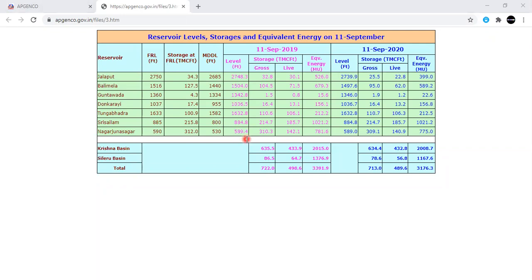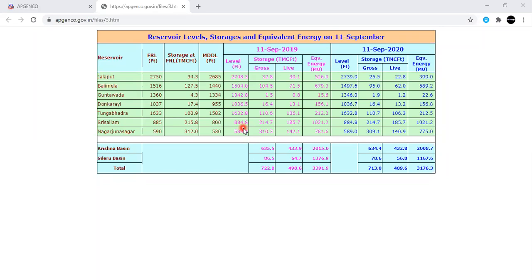This is yesterday's data. Similarly, today's data is more or less the same, 884.8 and 589.4. More or less, today's data is also maintained at these same levels. Similarly, tomorrow also we can maintain the same level, more or less.